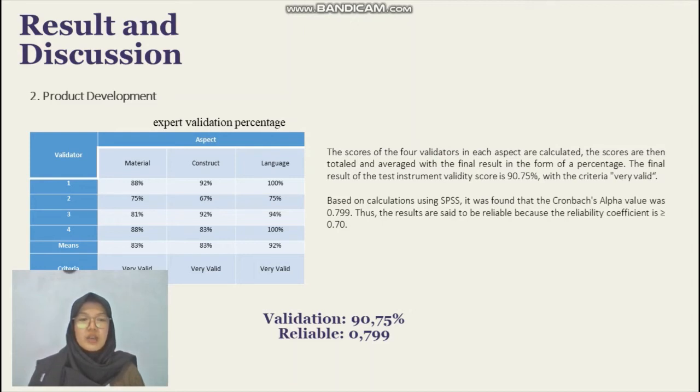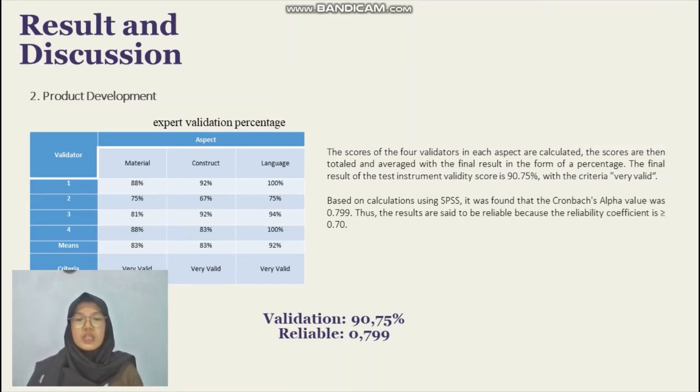Then the construct aspect is very valid with 83%, and the language aspect is very valid with a percentage of 92%. The final result of the test instrument validity score is 90.75% with the criteria very valid.